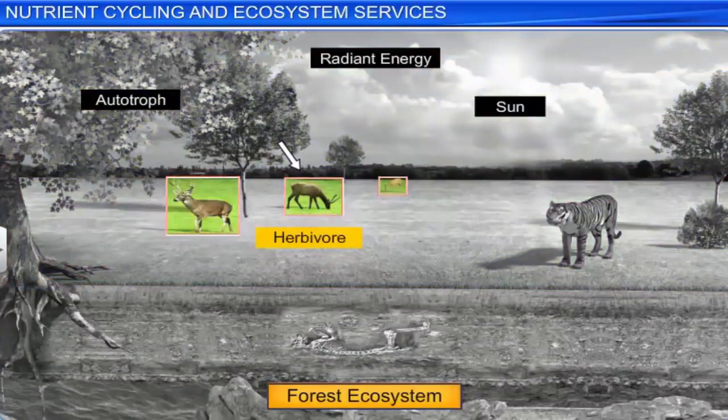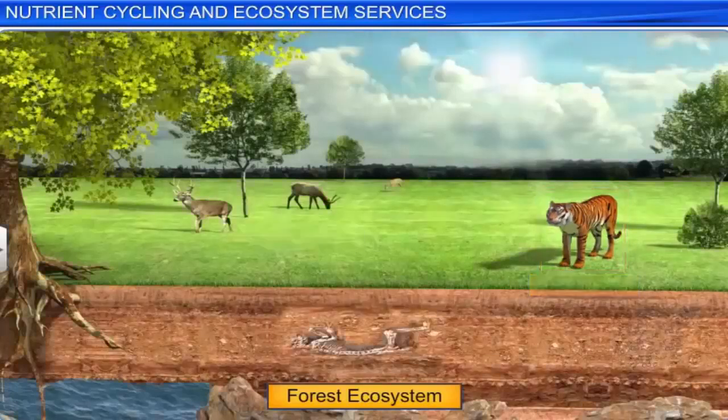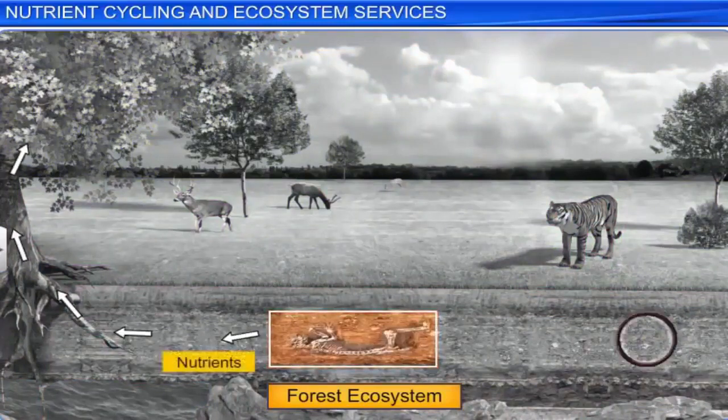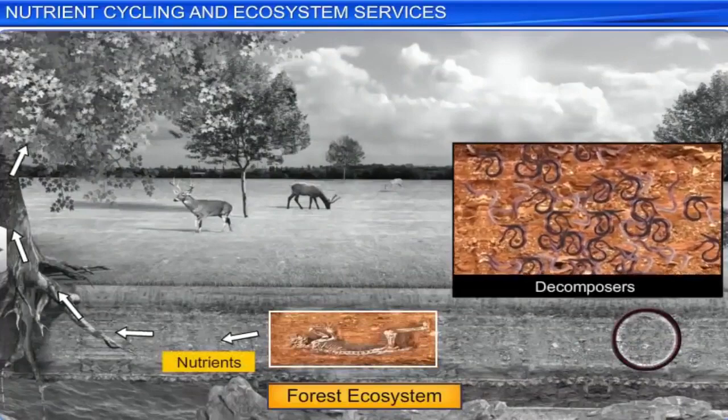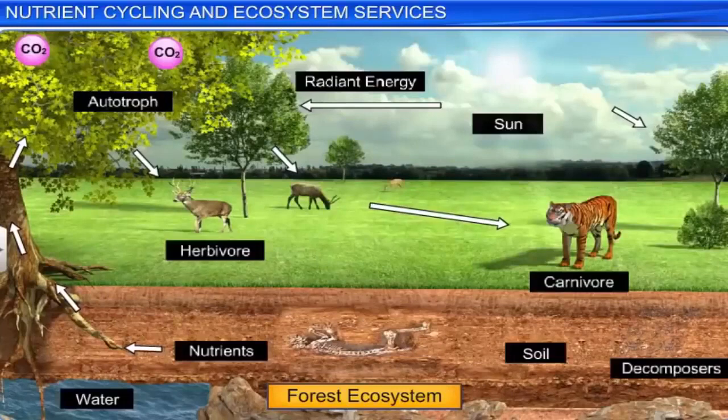The herbivores in turn are consumed by carnivores, and in this process, the organic matter is passed along to various animals. When these animals die, the organic material from each of them is made available to plants by decomposers. Therefore, organic matter or nutrients are never lost from an ecosystem, but are recycled over and over indefinitely.